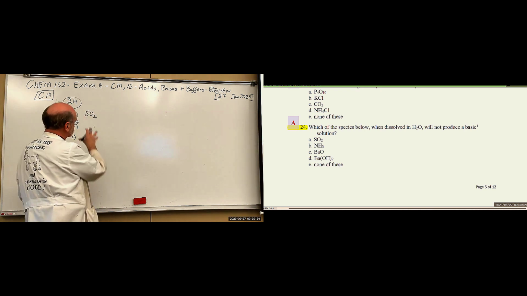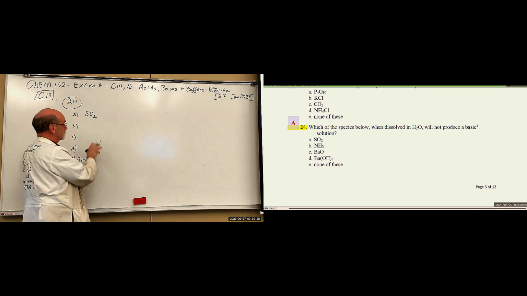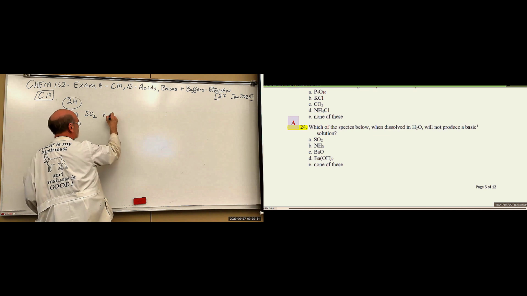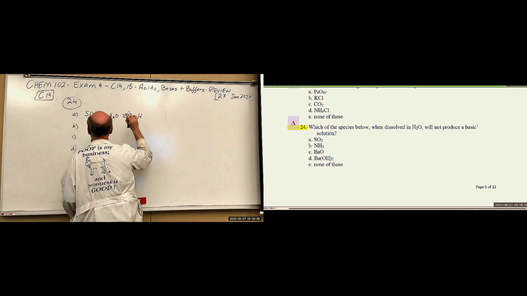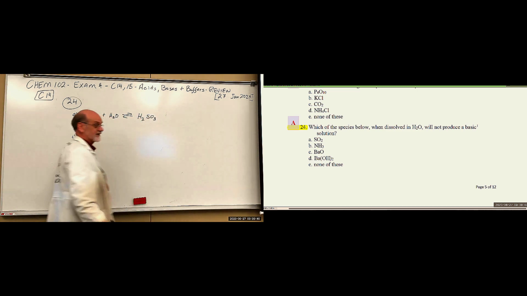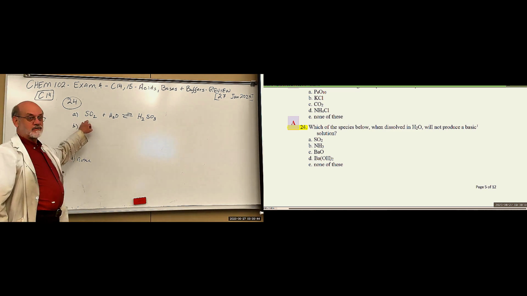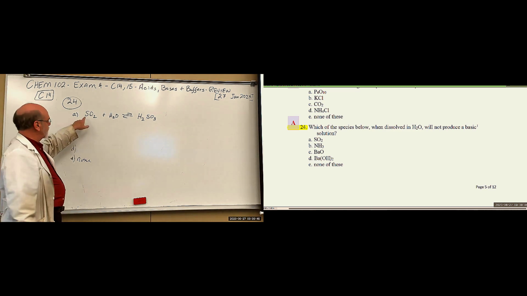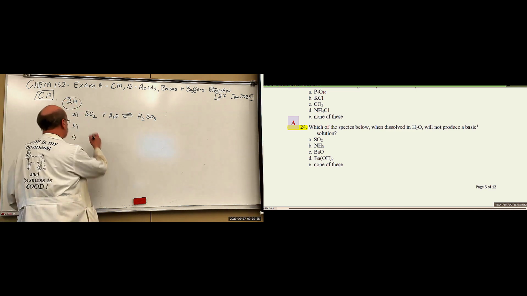So what happens to SO2 when we dissolve it in water? It produces H2SO3. It's an acid. This is also known as an acid anhydride when it's made up of a non-metal oxide. The second one is ammonia.